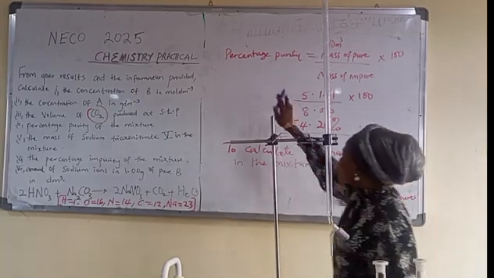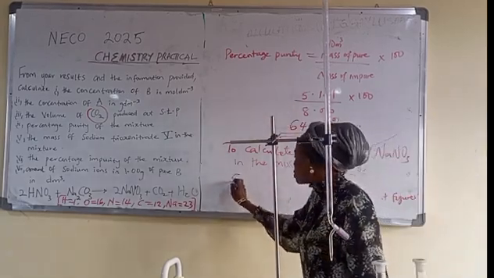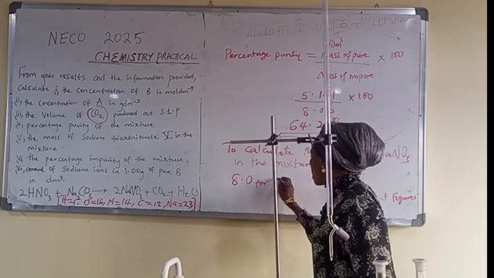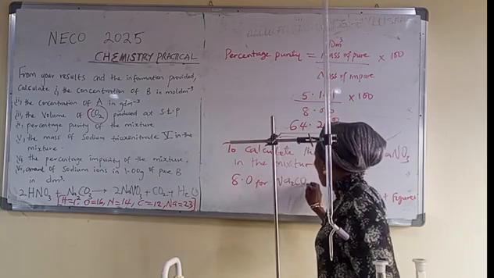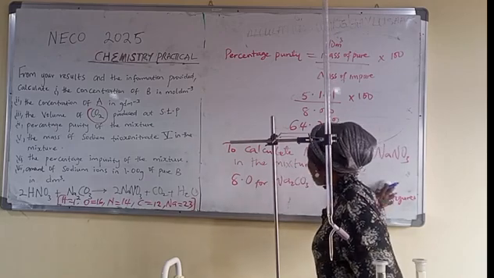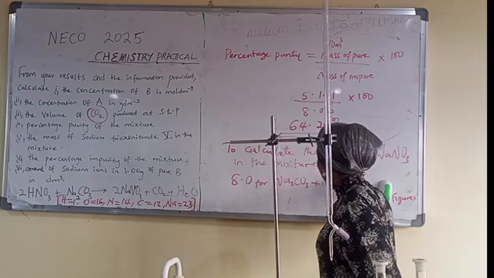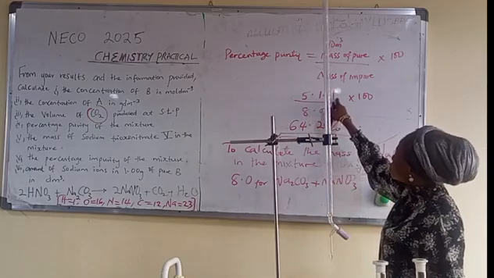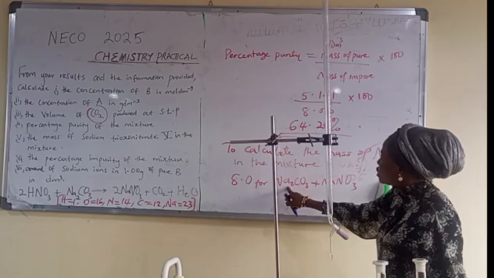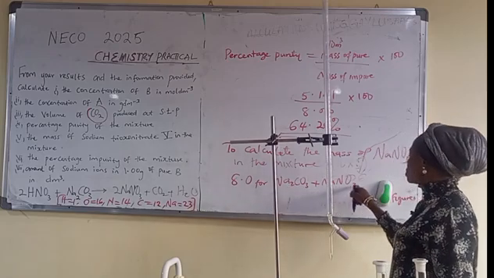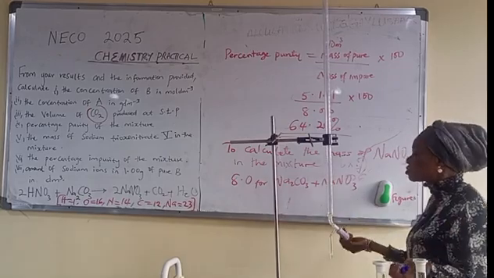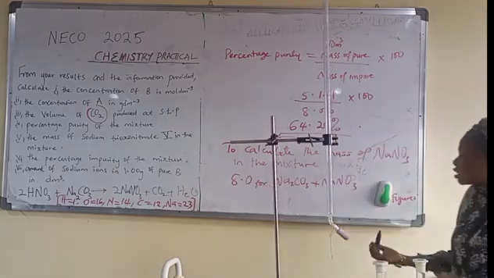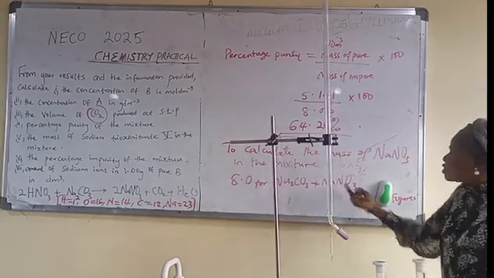So the total mass is 8 for Na2CO3 plus NaNO3. Now we have obtained 5.141 for Na2CO3. So how do we get NaNO3? Simply by subtracting 5.141 from 8.0 so that we get the mass of sodium nitrate.